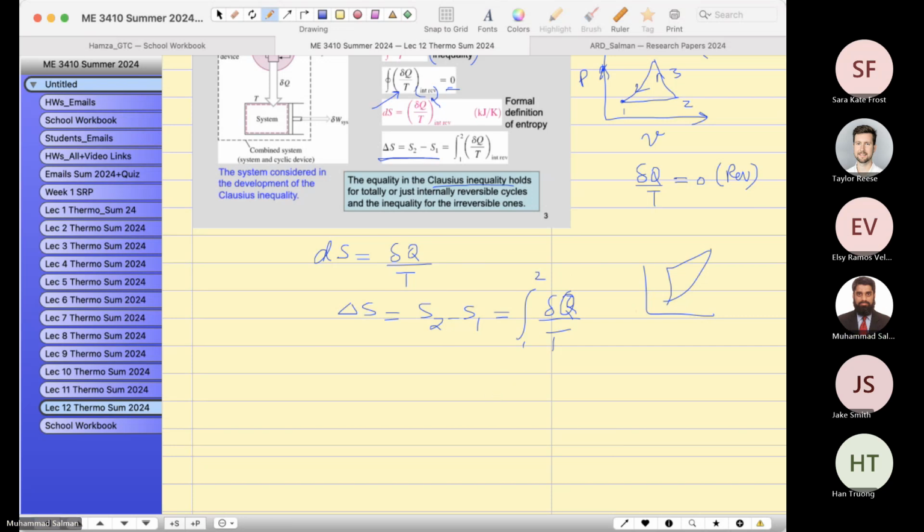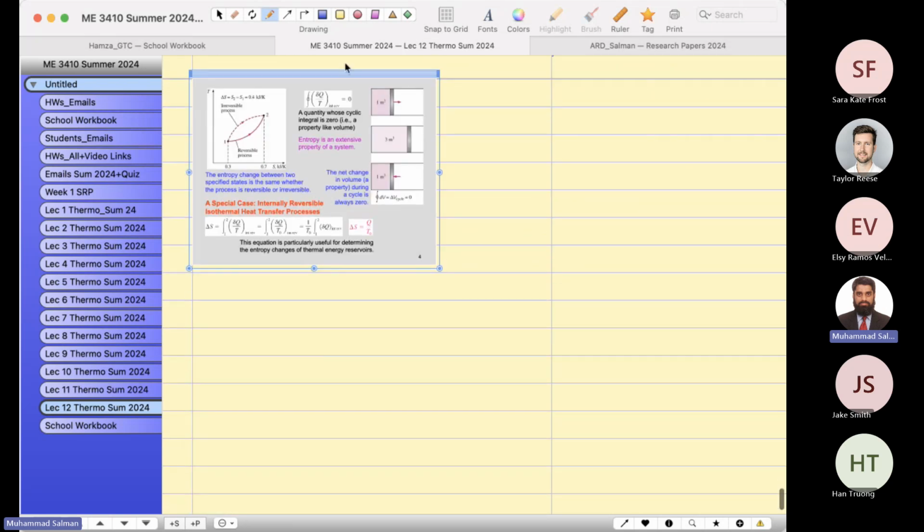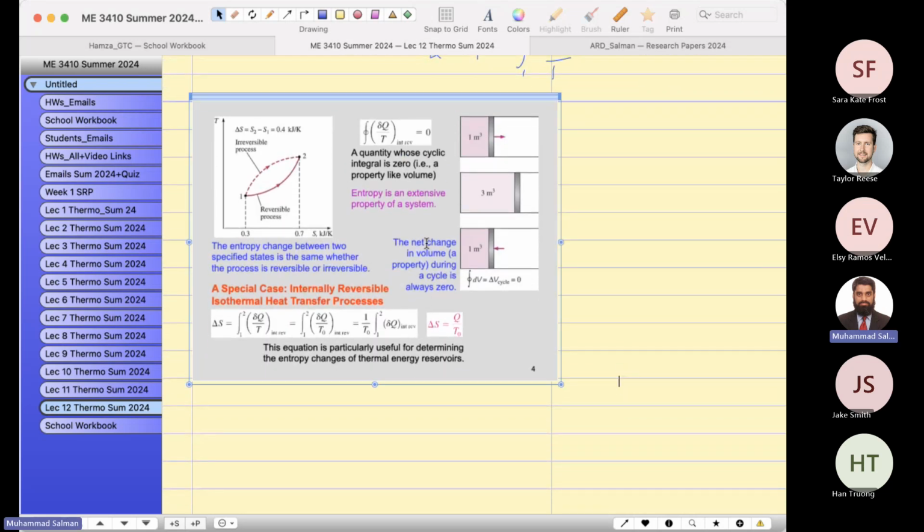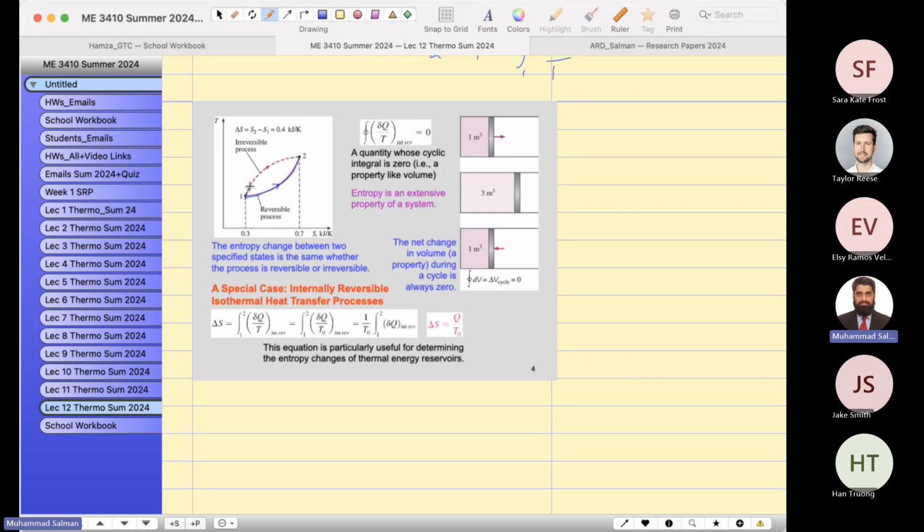This next slide will explain further what entropy is. Okay, let me show you. Look over here, as I mentioned, the bold line is a reversible process. The dotted line is an irreversible process.